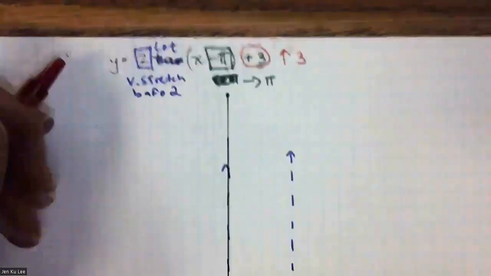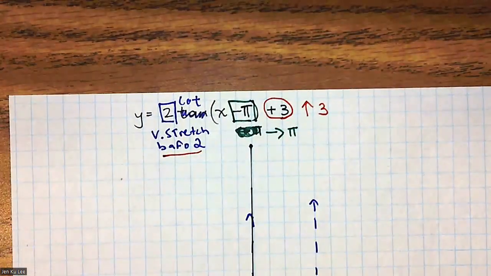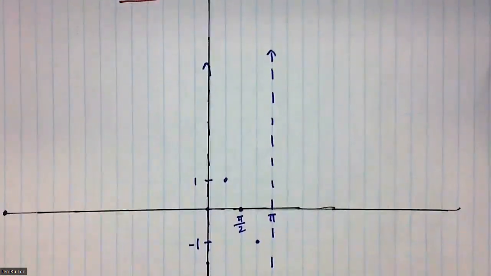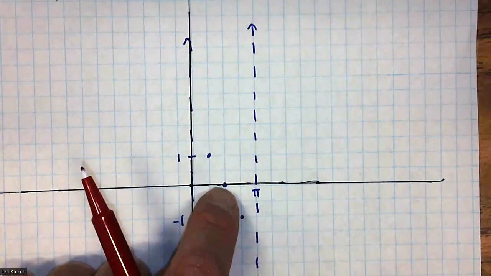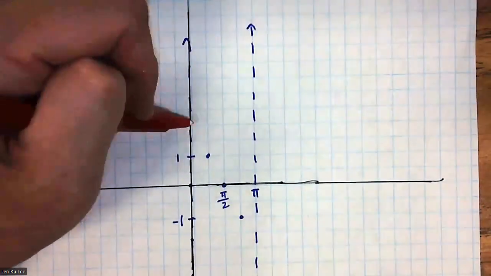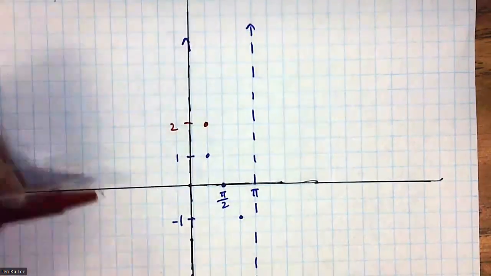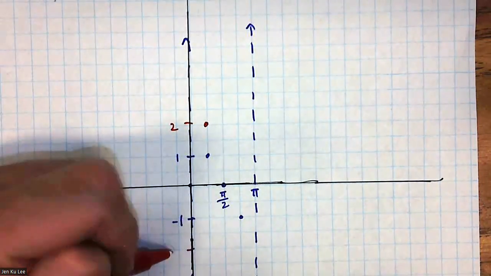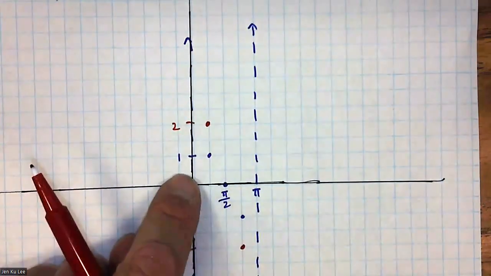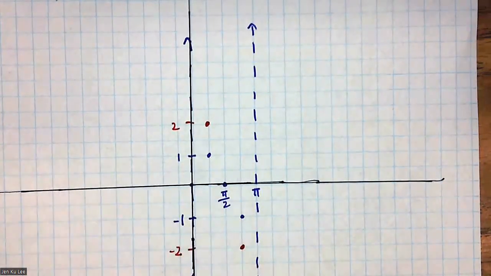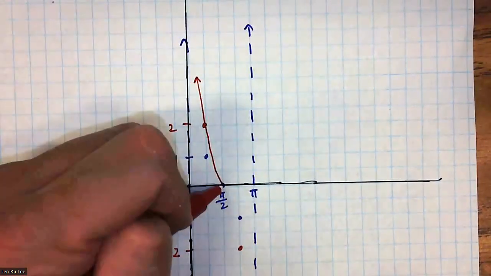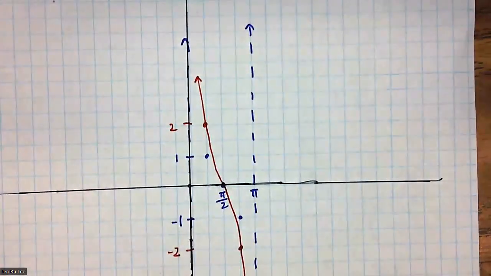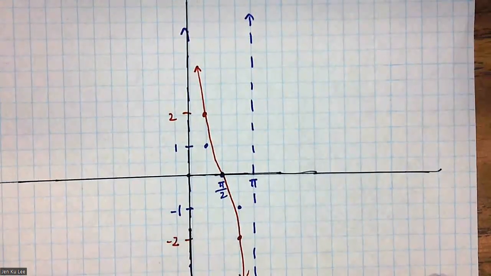In red, I'm going to vertically stretch this by a factor of 2. What it means is that 0 is going to stay at 0. That 1 is going to be at 2. This -1 is going to be at -2, because 1 times 2 is 2 and -1 times 2 is -2. So here, I'm going to draw this curve. Is my curve for now, right?